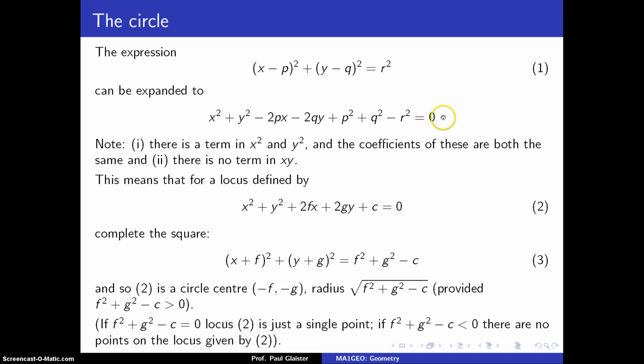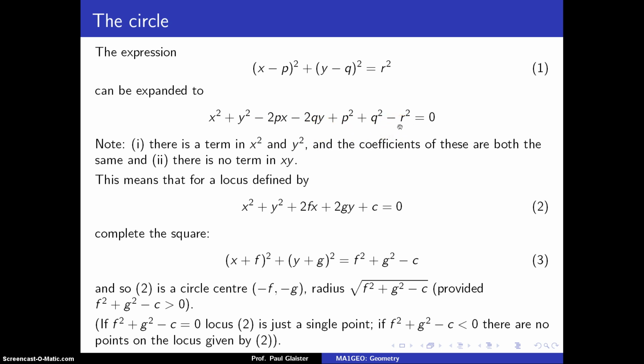Now, in the same way that a general linear expression represents a straight line, a general quadratic expression of this form could represent a circle, but it doesn't necessarily have to represent a circle. In this case, it clearly is a circle because it started off as equation 1, which has been expanded. But if we look at this expression here, we see terms involving x squared, y squared, x, y, and then a constant.